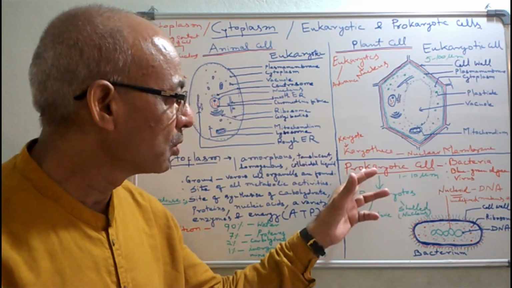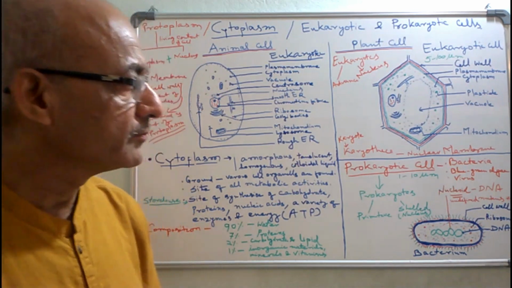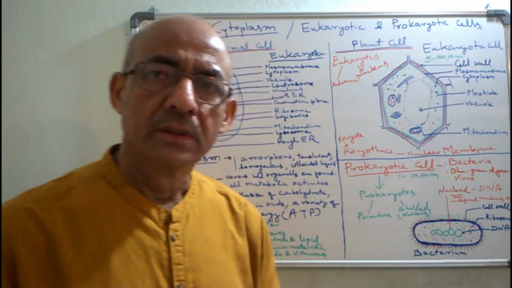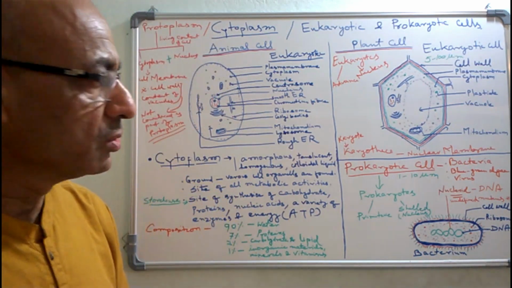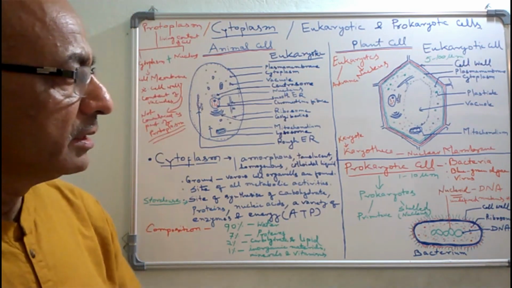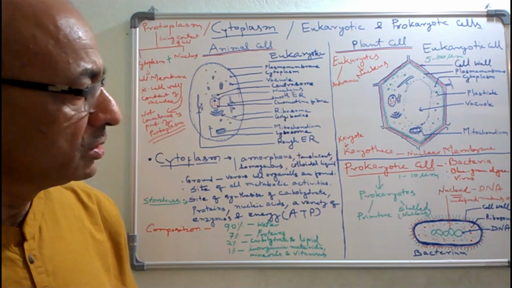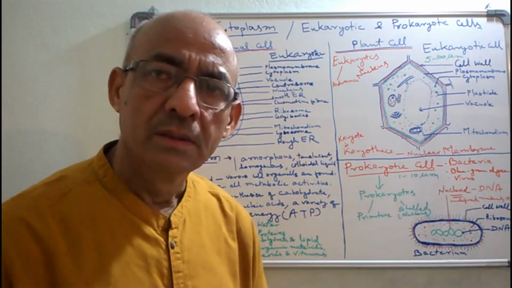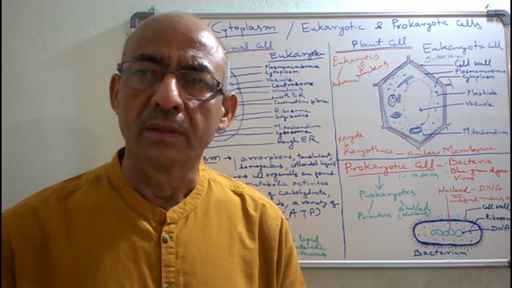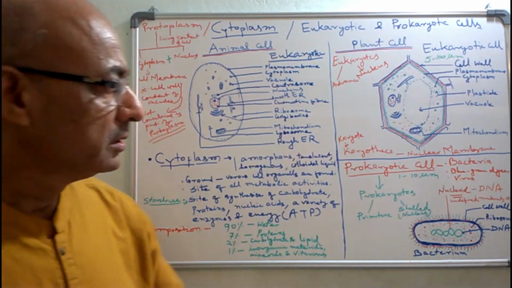Examples of prokaryotes are bacteria, blue-green algae, which are also called cyanobacteria, and viruses also.